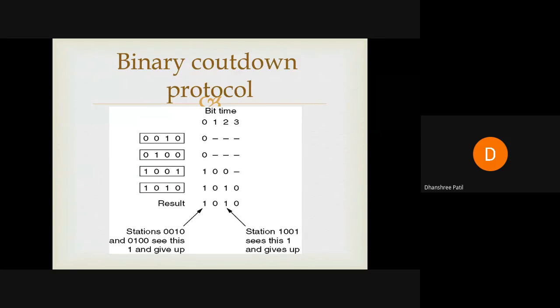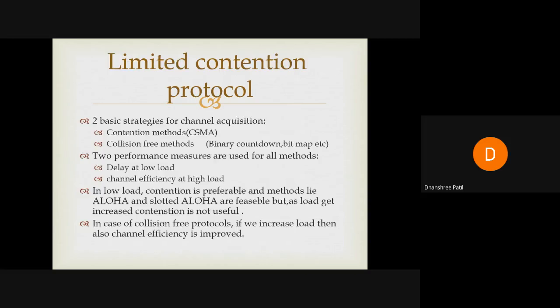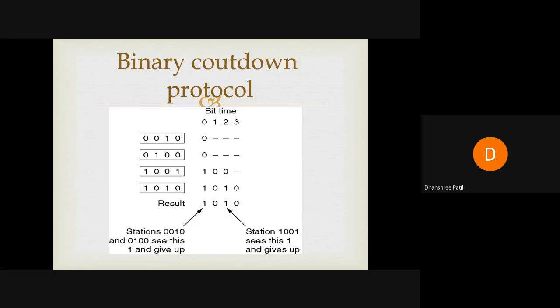The question is how to get access to a channel if there are n number of users, and these are all the protocols that we have seen. Up to this, I think we have covered it in the last few lectures.